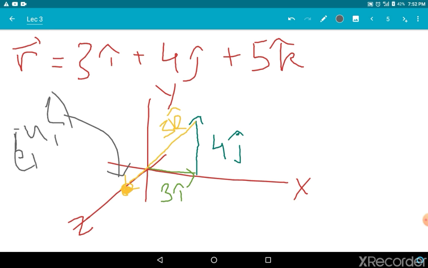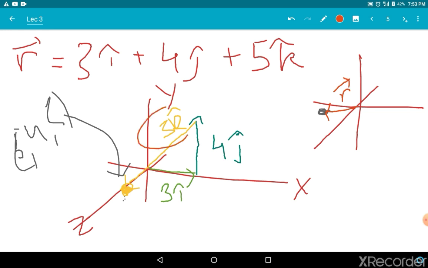Now let me redraw this here. At this point, if we draw the vector, this will be the actual r vector, the position vector.